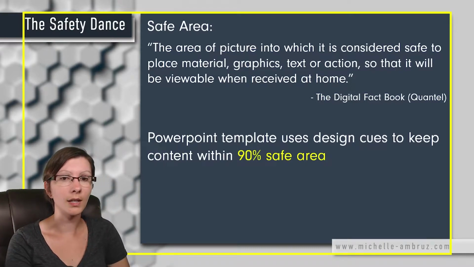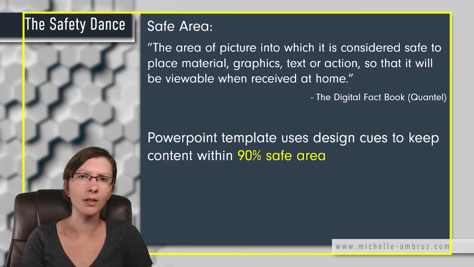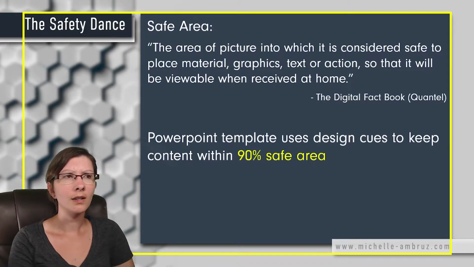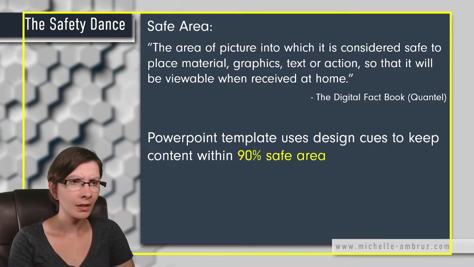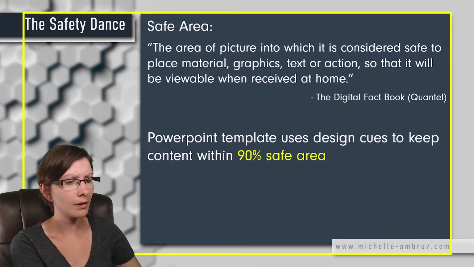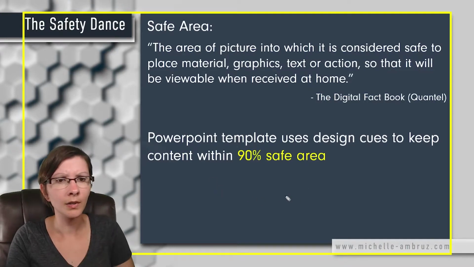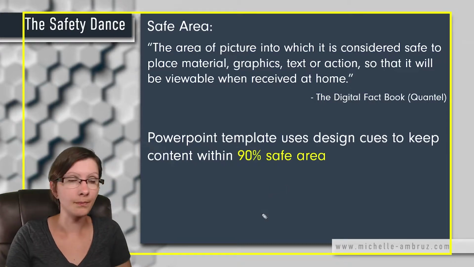You can see already 80% would be a bit much, I think, and especially in terms of educational content, you want to be able to use as much of your PowerPoint space as possible. So this yellow box is 90%, and I'll show you where the cues are in this PowerPoint template that tell you where that 90% box is without you having to see it all the time.